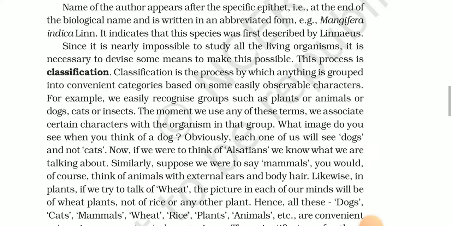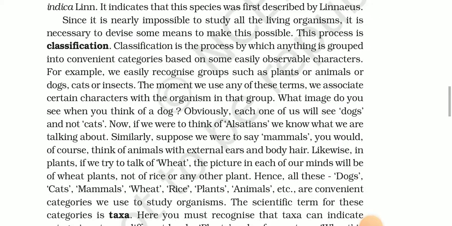For example, we easily recognize groups such as plants or animals or dogs, cats or insects. The moment we use any of these terms, we associate certain characters with the organisms in that group. What image do you see when you think of a dog? Obviously, each one of us will see dogs and not cats. Now, if we were to think of Alsatians, we know what we are talking about.